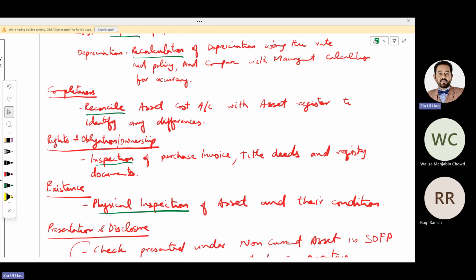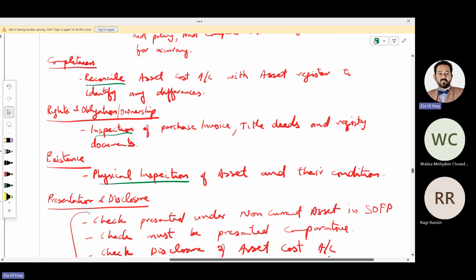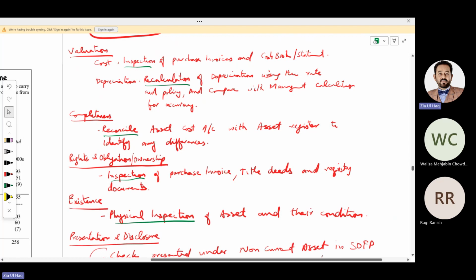Ownership: inspection of purchase invoices, title deeds and registry documents in previous year accounting records. But for existence, we will perform physical inspection of the asset and its condition, not previous records, to see whether the asset coming from the previous year actually exists in the company now or not. So for the above 3, we rely on previous year accounting records, but for existence, physical inspection of the asset and its condition.